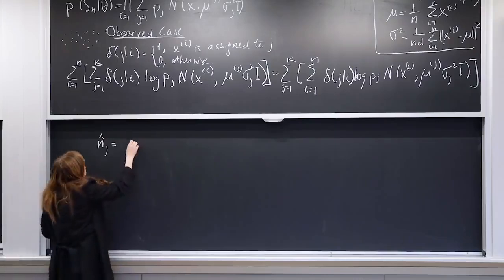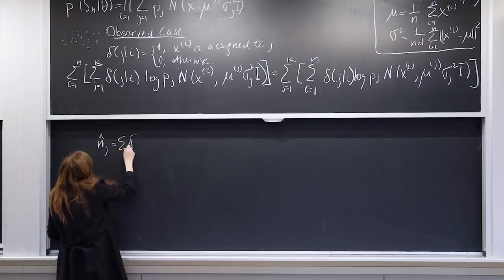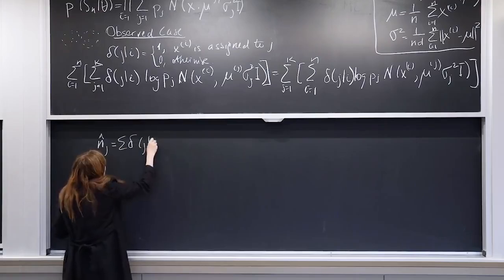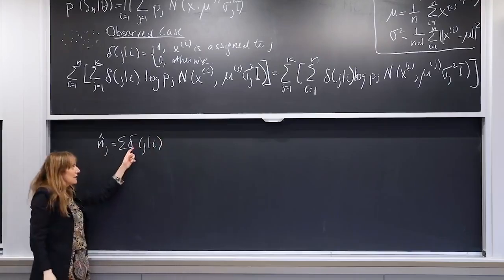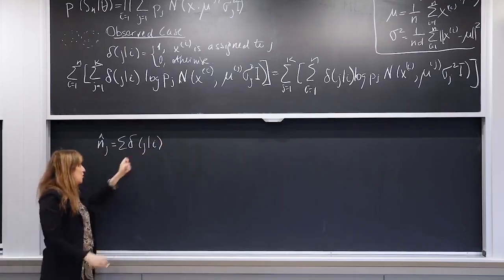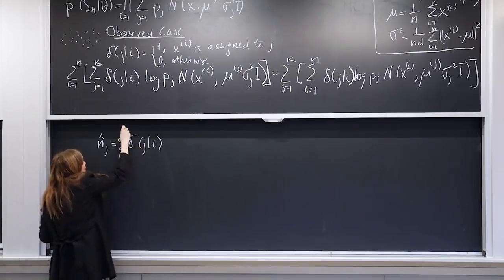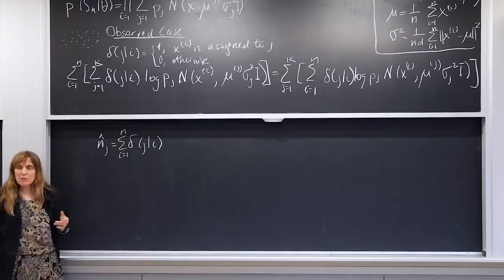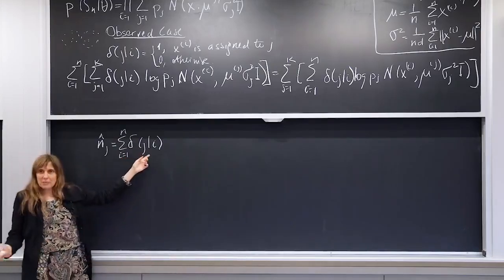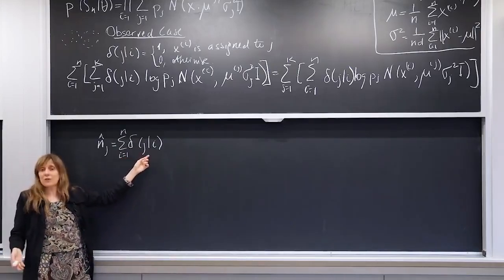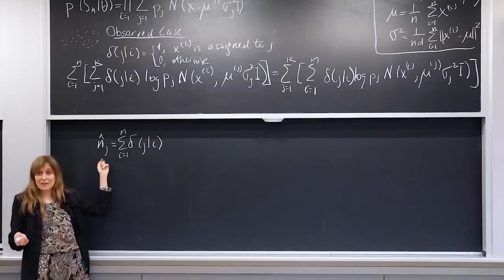We just need to sum up over all delta i j when i goes from 1 to n. So we see here that for all the points that belong to cluster j, and only for those points, delta would be equal to 1, so we sum and it gives us a number.